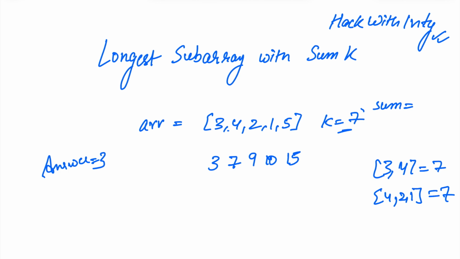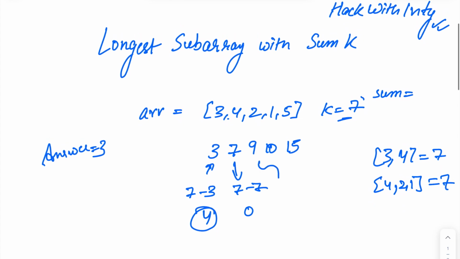And every time we calculate the sum, when we are at the first position, we do 7 minus 3 and we get 4. And we see if we have ever seen 4 in our array. The answer is no. When we are here, we do 7 minus 7. Have we seen 0 in our array? No. When we are here, we do 9 minus 7. The answer is 2. Have we seen 2 in our array? We are here, but we haven't seen 2 before that.